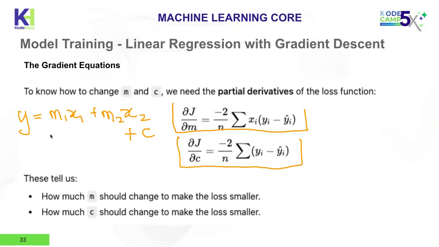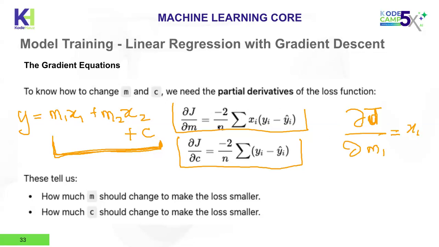The derivative of this with respect to the m's will still be the derivative of each of them. So when you're doing del j del m1, it will still be x1 times this.